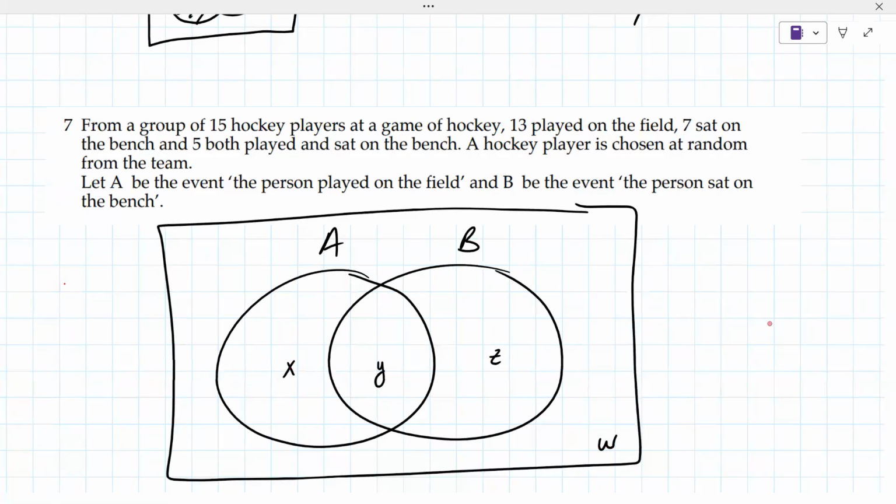Let A be the event the person played on the field. So B would be, so Z equals 2. Okay, and then X equals 8, and then Y equals 5.